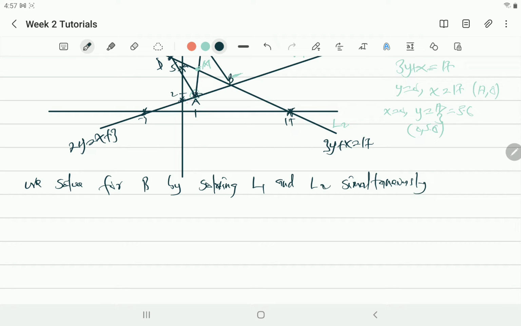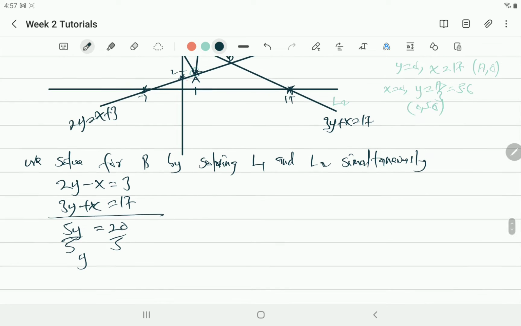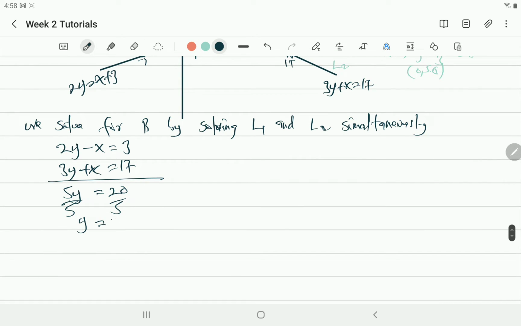So we have 2y minus x is equal to 3 as our L1. Then we have 3y plus x is equal to 17 as our L2. So by solving them by elimination method, we can easily get 5y equal to 20. And that is 5 over 5, giving us y to be equal to 4, right?